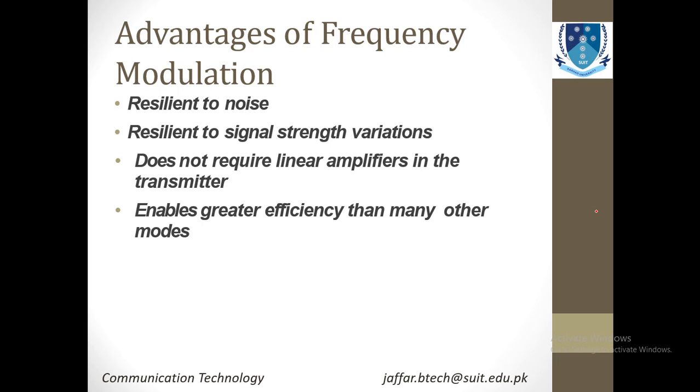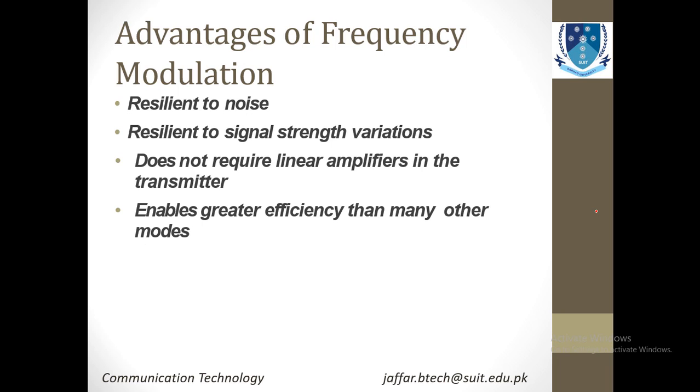The first pro is that it is very resilient to noise. When we talked about AM, I told you that AM is highly susceptible to noise. It can get corrupted very easily, because there was a single frequency, and if noise comes in that frequency, all of the signal is destroyed.